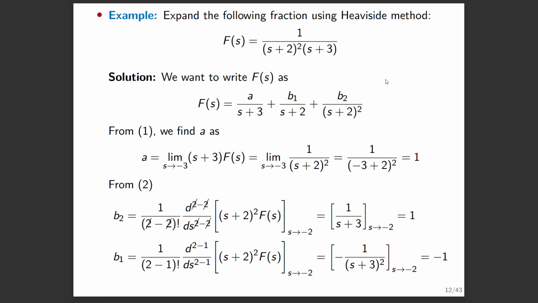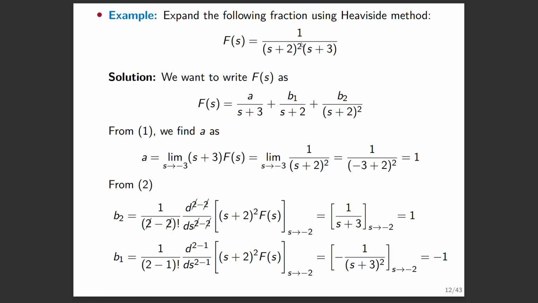And we realized that we are going to have a term with s plus 3 in the denominator, another term with s plus 2, and a third term with s plus 2 squared. Now, we might get any of these terms, or we might not have some of these. For example, B2 might end up being 0, B1 might end up being 0, or A might end up being 0. Okay, let's start with the simple one, A.